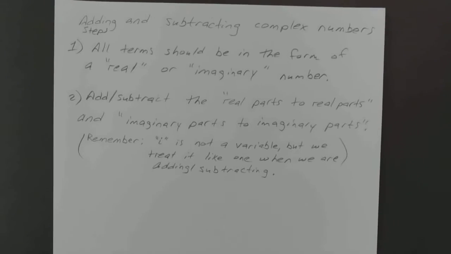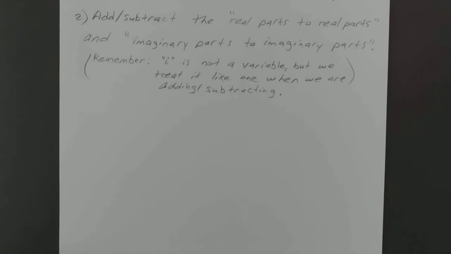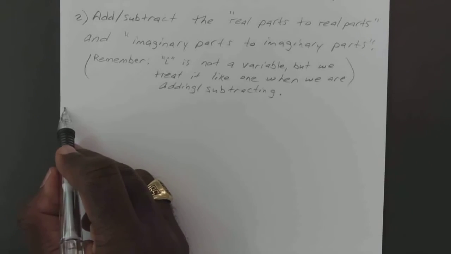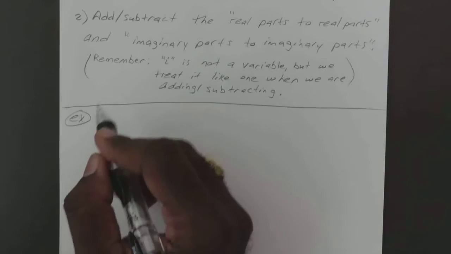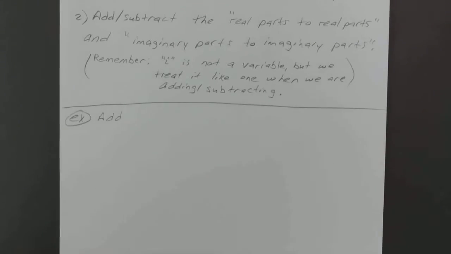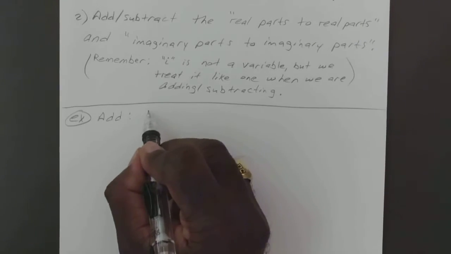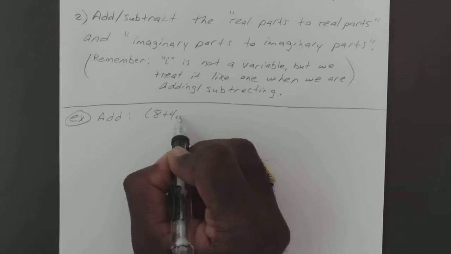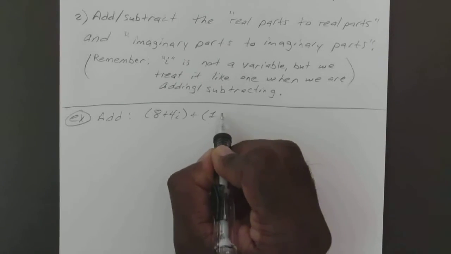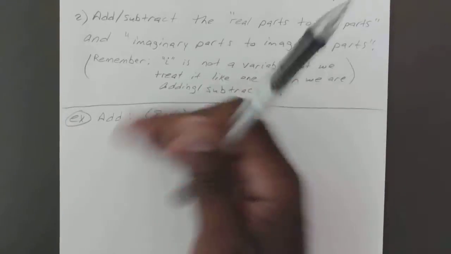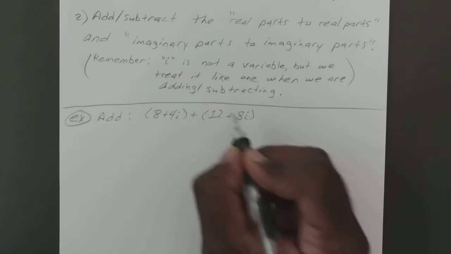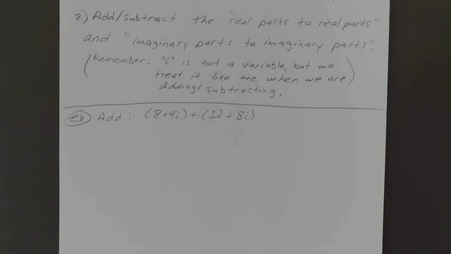All right, so I'll leave that showing. Let's say, for example, if we wanted to add 8 plus 4i plus 12 plus 8i. You would do that the same way as if you had 8 plus 4x plus 12 plus 8x.